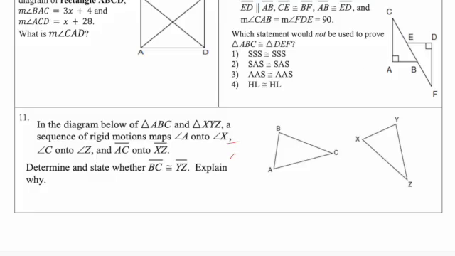So A and X map onto each other, and C and Z map onto each other. And we're told that AC maps onto XZ. Now we need to determine if BC and YZ are congruent.